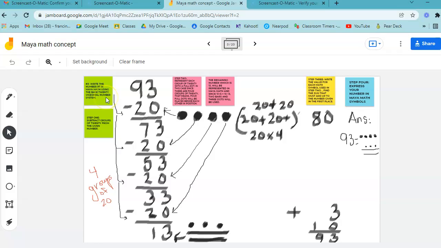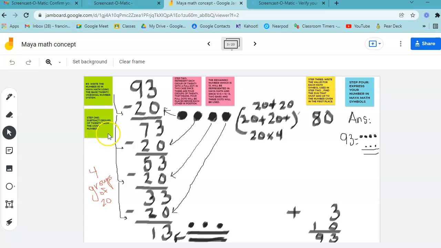We have the number 93, and we are to write this number in Maya Math using the base 20 Vigesimal number system. As we all know, in our previous 2 examples, there are 4 steps that we must include in solving this problem. So let's look at step 1.